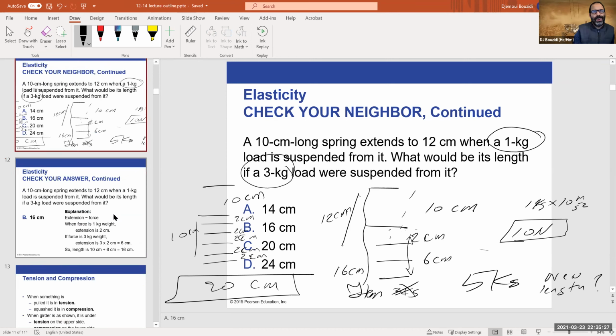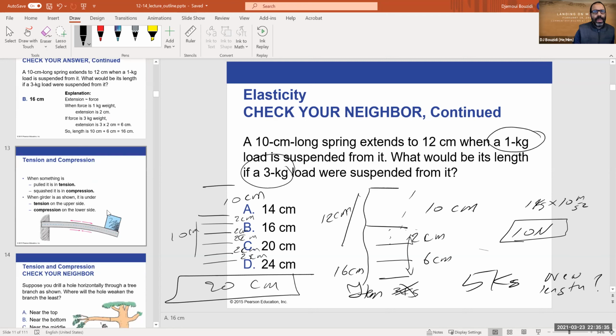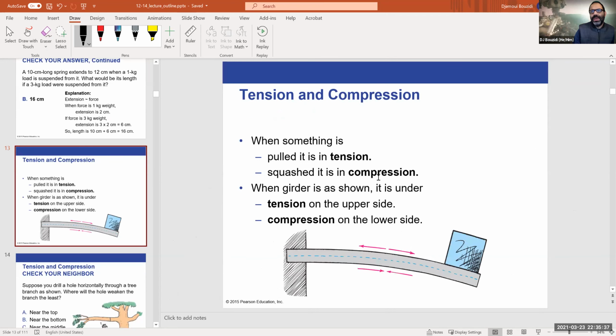Remember, item 1 has to do with the forms of matter in the universe. This is another property of solids, and that is tension and compression. If you take a solid object and pull on it very hard, it's going to stretch.